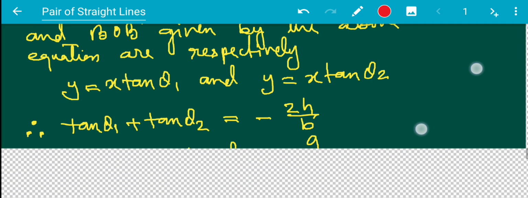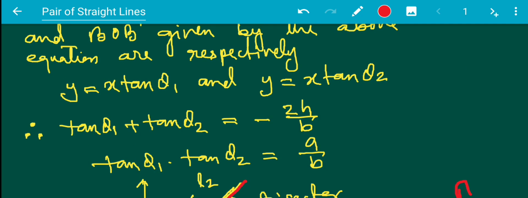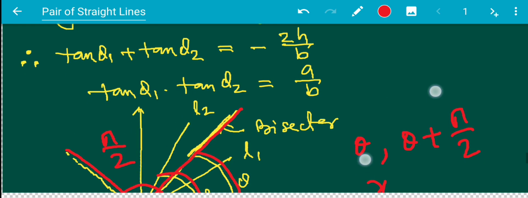From here, if these are the individual equations of lines, and tan theta 1 and tan theta 2 are the slopes, then we know that m1 plus m2 is equal to minus twice h by b. So here tan theta 1 plus tan theta 2 is equal to minus twice h by b, and tan theta 1 into tan theta 2 is a by b. So this is something we know.